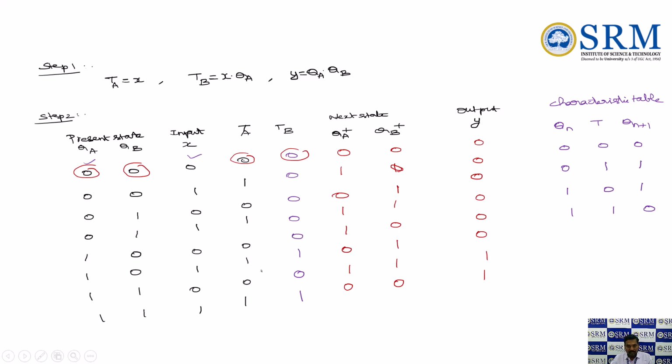Next, for step 3, I'm going to assign some states. Step 3, so I'm assigning S0 as 0 0, S1 as 0 1, S2 as 1 0, S3 as 1 1.